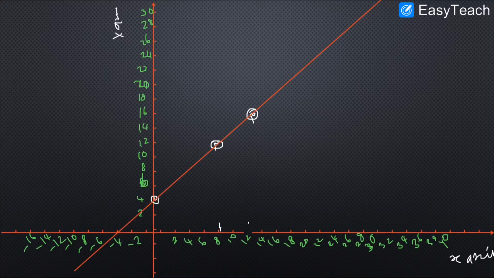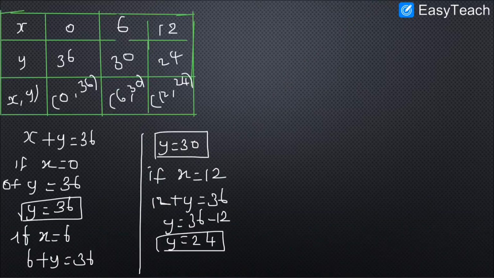Next, (0, 36). I don't have space, so I want to change the points instead. Here, if I take (0, 36), we get 36 for the y value, so I want to change the value.